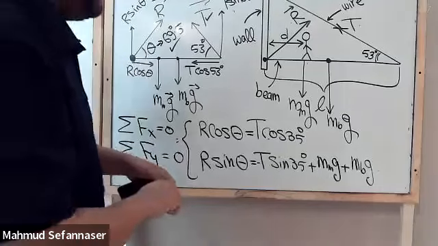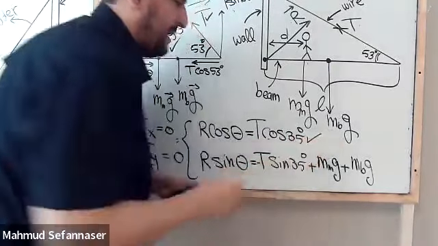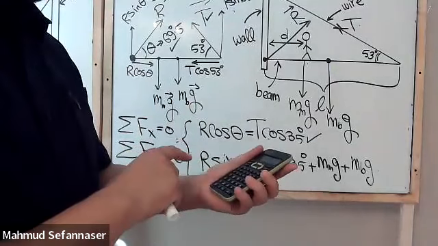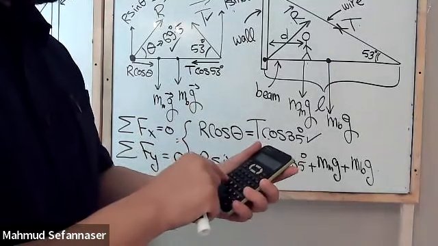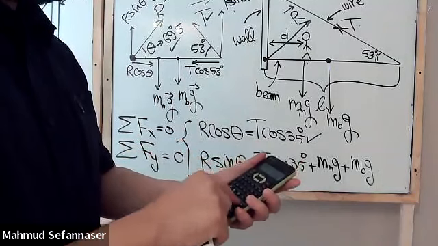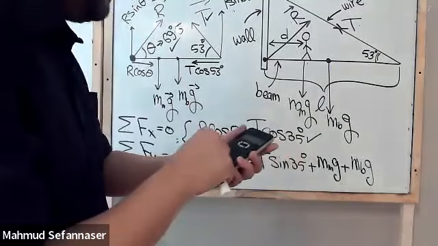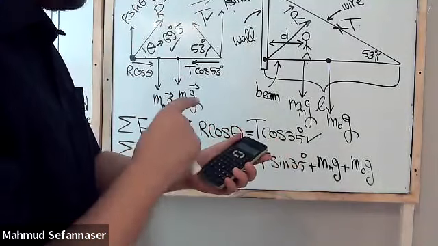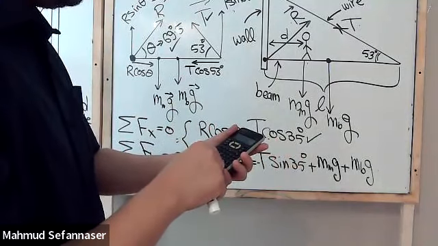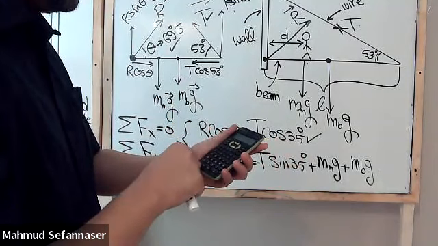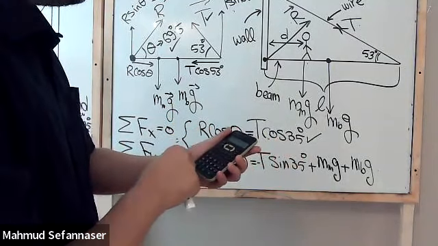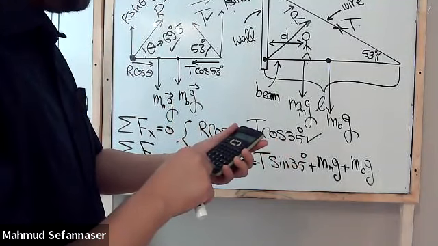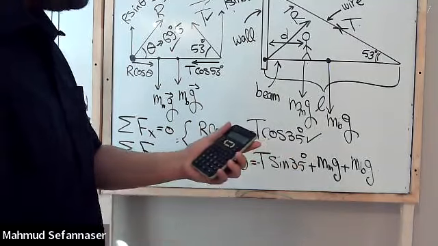I will do that, guys. Just from this equation right here, I'm going to do tension force, which is 726 newtons, times cosine 35. So that gives me a number, and then divide that by cosine 69.5 and see what will happen.